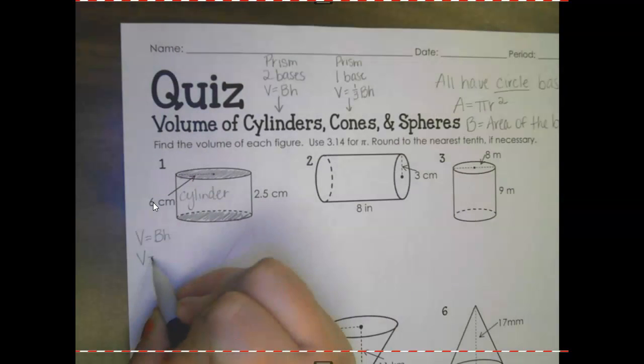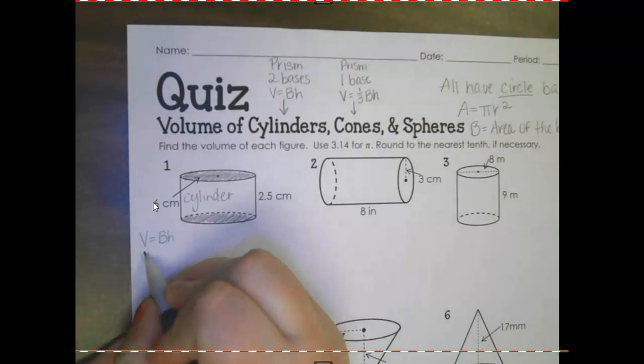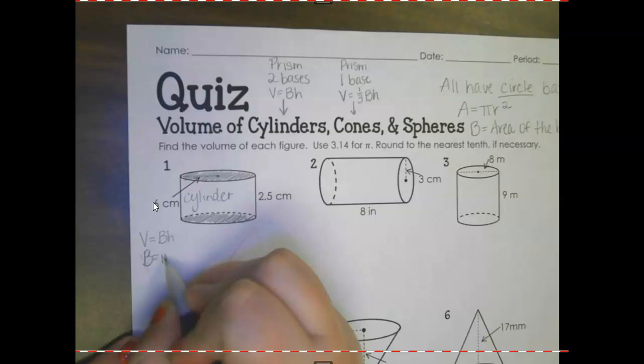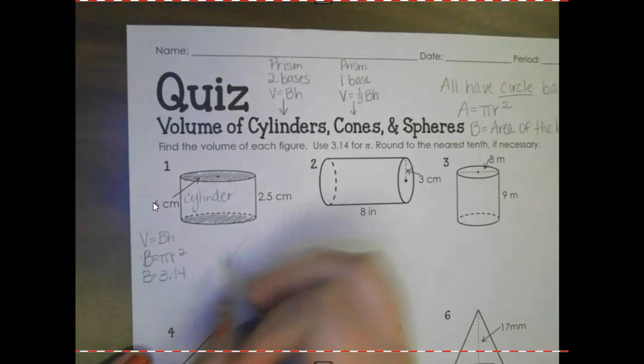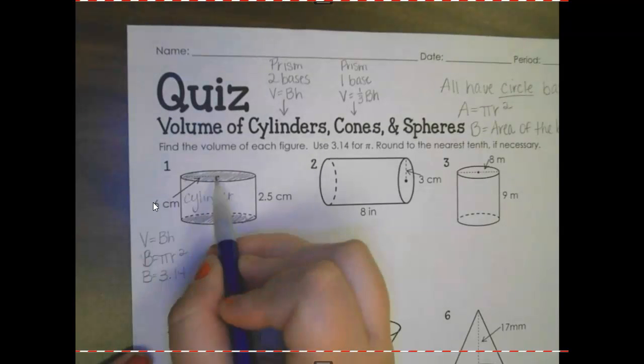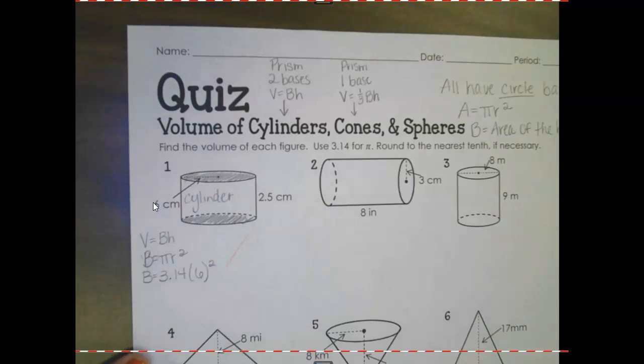So V equals big B H. I need to figure out what my big B is. So I'm going to do pi r squared. So I'm going to do 3.14, and this does go to the middle, so it is a radius, 6 squared. So, I'm going to go to my calculator.